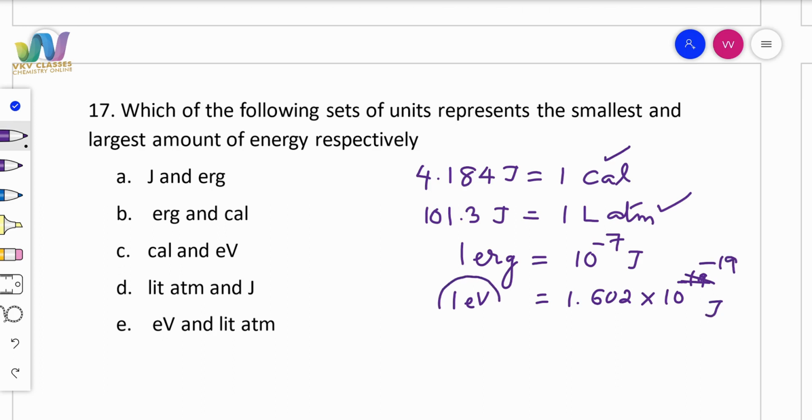So electron volt is the smallest unit and the liter atm is the biggest unit representing the energy. Choice E is the correct answer. This is the smallest amount and this is the largest amount representing the energy.